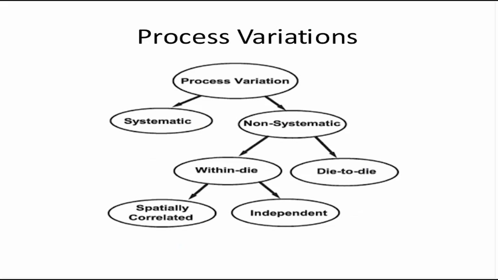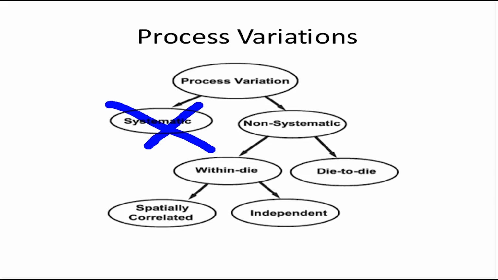They are something which is not acceptable, like the thickness of the oxide being lower than some critical limit, or the channel length being beyond a particular permissible value. So systematic process variations are not handled in STA or SSTA. They are handled in the fabrication process. The fabrication process should be corrected to get rid of these, right?